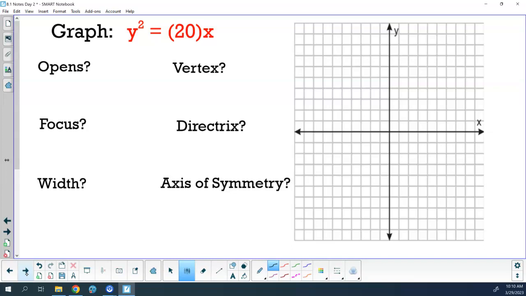Opens to the right. I would concur that this opens to the right. Y is squared, positive 4p value. Love it. Where would my vertex be? 0, 0.